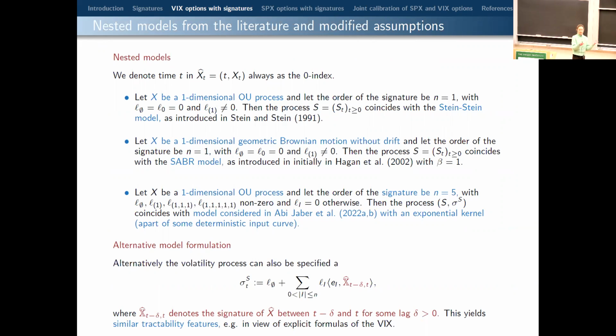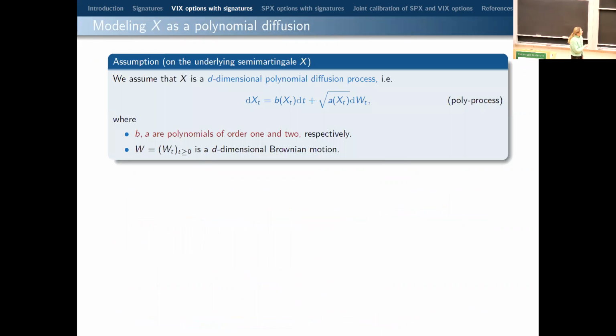What I consider from my underlying primary process is just the lag delta. One can also consider this, the formulas get a little bit more complicated, but this would sometimes be a more economically reasonable assumption for the volatility process. But one can still get similar tractability, which I will now show you.